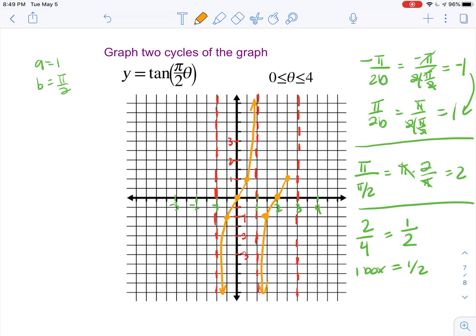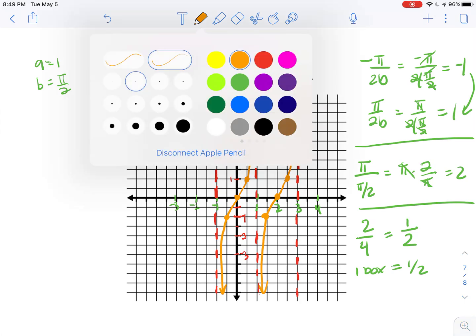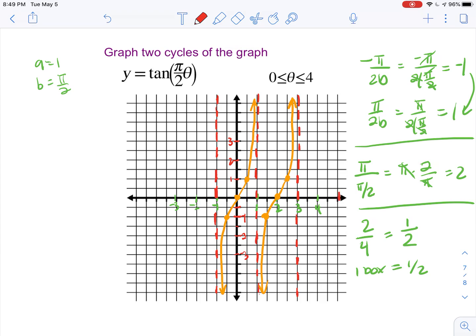And we follow the pattern. Asymptote, -a, 0, +a. And continue, right? The asymptote is 4 units away. And follow the pattern. -a, 0. Now we see that we've stopped at 4, so we actually don't have to continue. We can stop our graph right there.